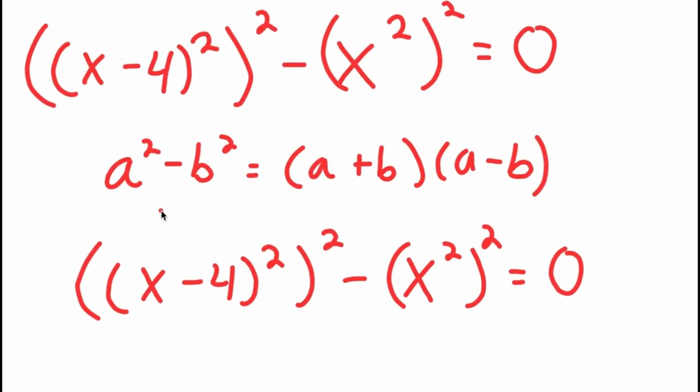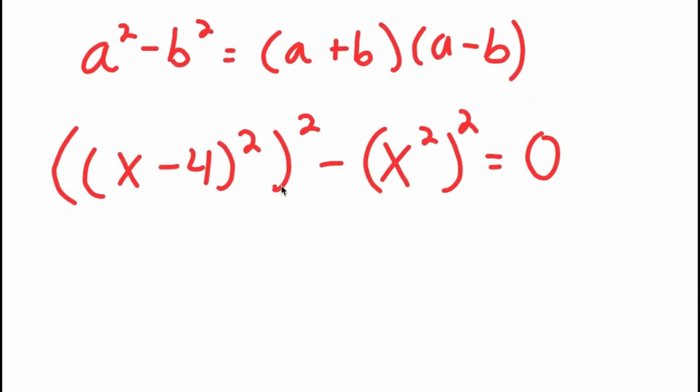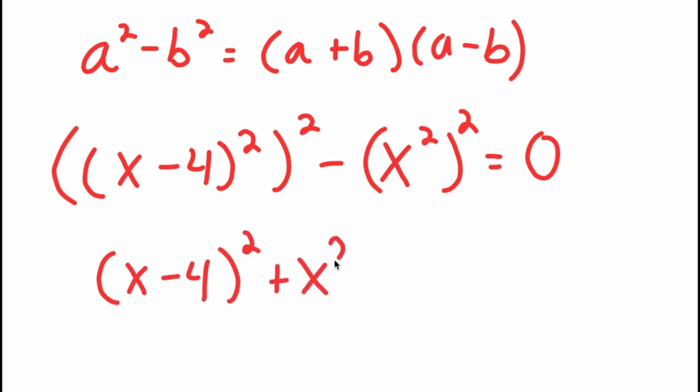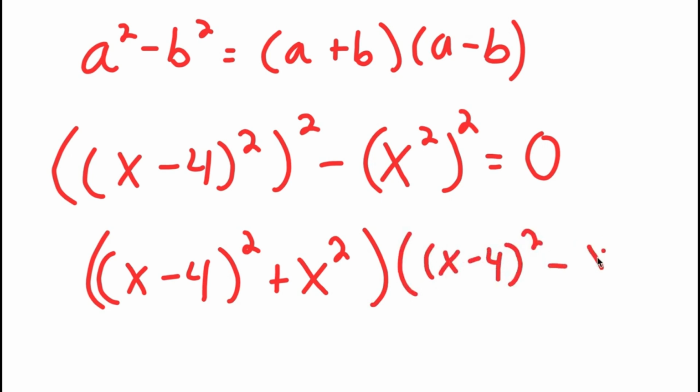So a is (x minus 4) squared, and b is x squared, so I get (x minus 4) squared plus x squared times (x minus 4) squared minus x squared is equal to 0.